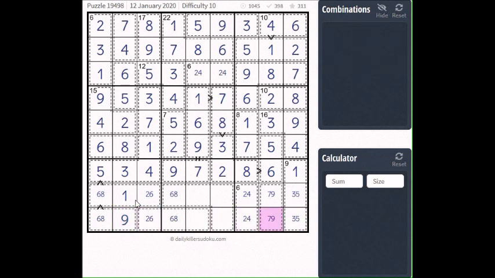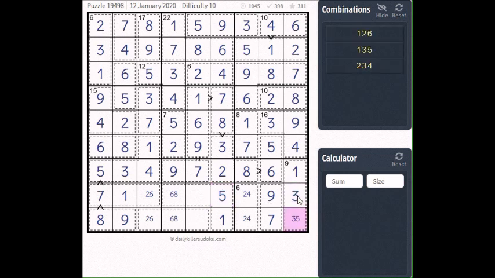The 9 would make this 7, 8. Excuse me, this is not 6 or 8, it's 7 or 8. And this would be 8, 7. The 2 here would make this 4, 2. Now here we have 1 and 5.